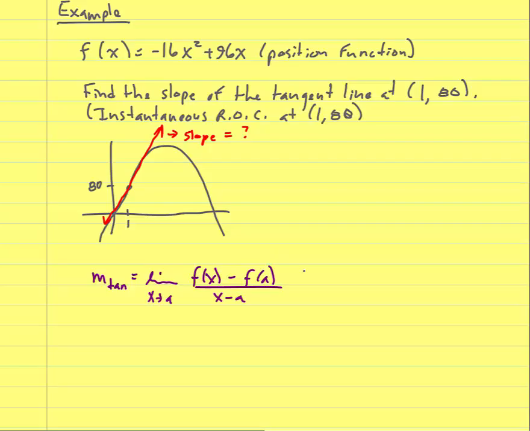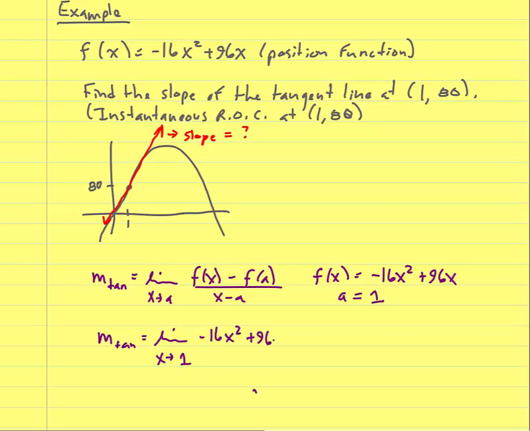So for our problem, we have f of x equals negative 16x squared plus 96x, and we have a equals 1, because I have a value of 1 here. So let's calculate this out. M of tangent equals the limit as x approaches 1 of f of x, that's negative 16x squared plus 96x, minus f of a.